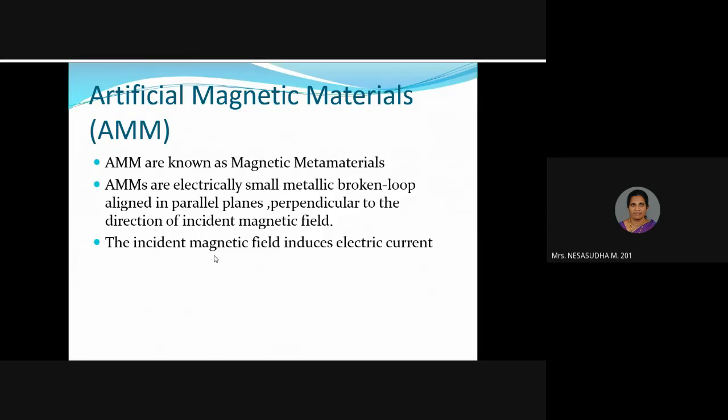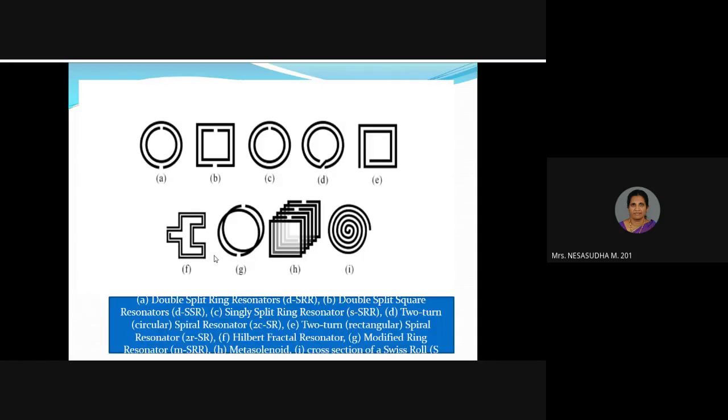So when you take a metamaterial, there will be a small structure called the AMM, the artificial magnetic material. These are a few examples of AMM. Here there are two rings, but each ring is split. It is not a closed loop, there is a discontinuity. So this is called a double split ring resonator.